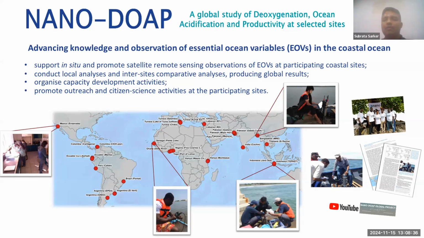At this moment, we have more than 36 sampling sites from 18 different countries of Asia, Africa, and Latin America. At each sampling site, we have sampling site representatives, and these representatives are members of NANO. They are responsible for collecting samples and conducting outreach and citizen science-based activities at their sampling sites.